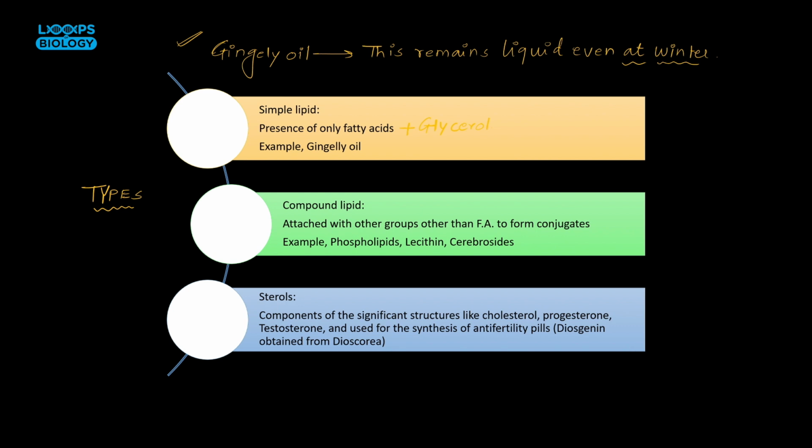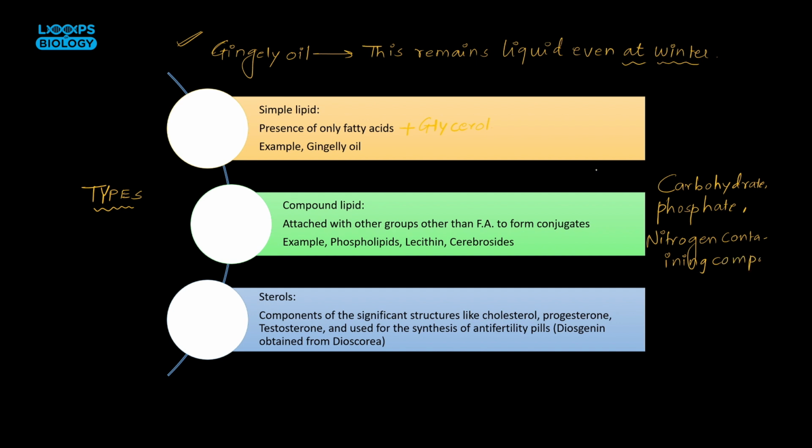If I'm talking about the next case, that is compound lipids. These compound lipids are basically attached with another group other than fatty acids. So the group can be carbohydrates, the group can be phosphate, the group can be a nitrogen containing compound, it can be anything.